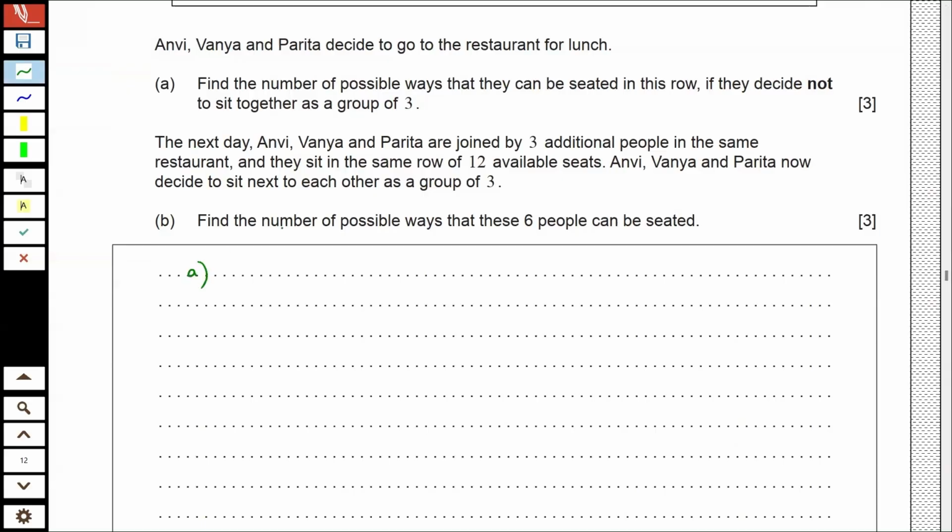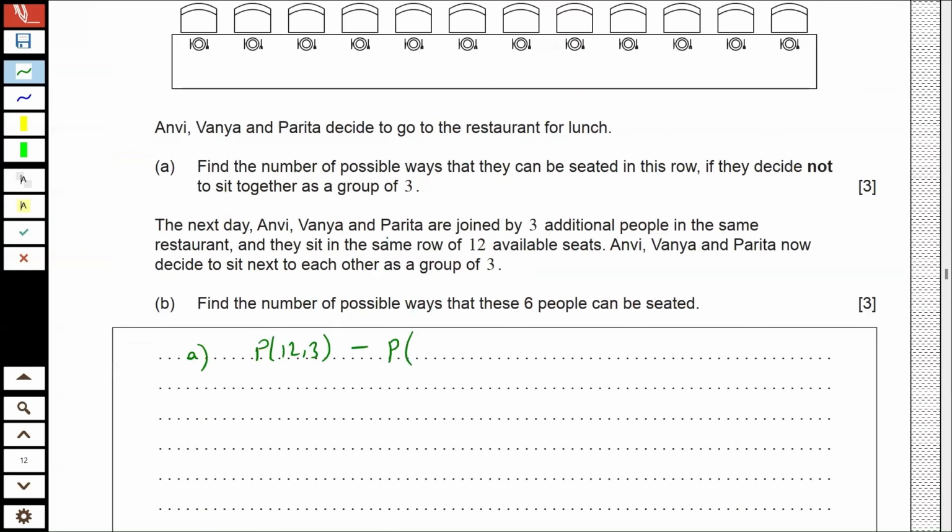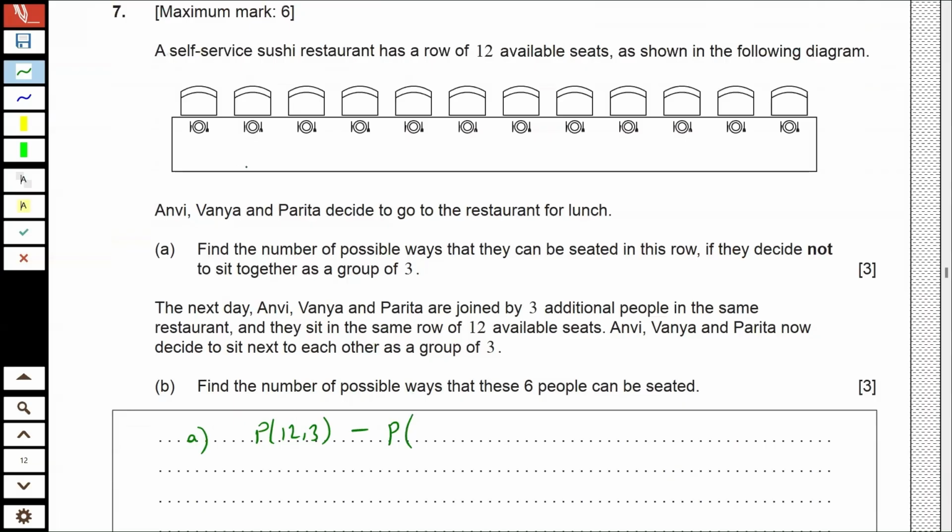So we can find the total permutation for 12 people in three seats. And we can subtract from this the possibility that they can sit together.